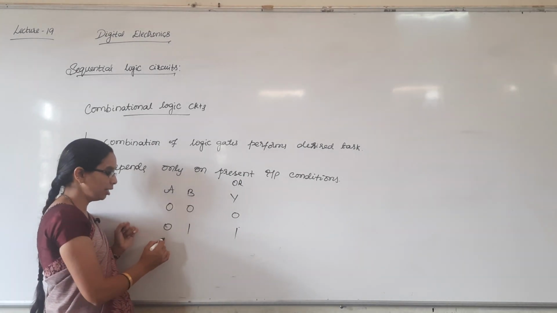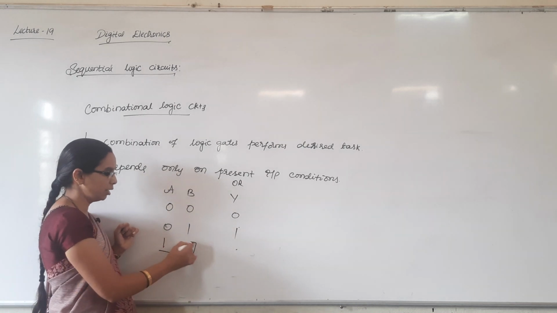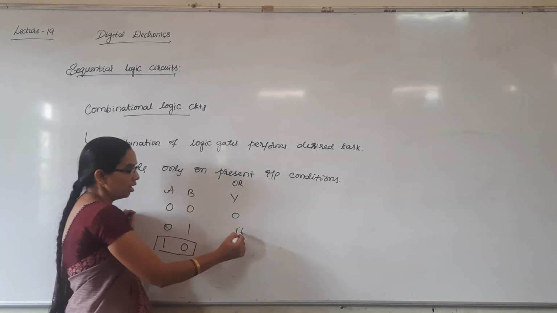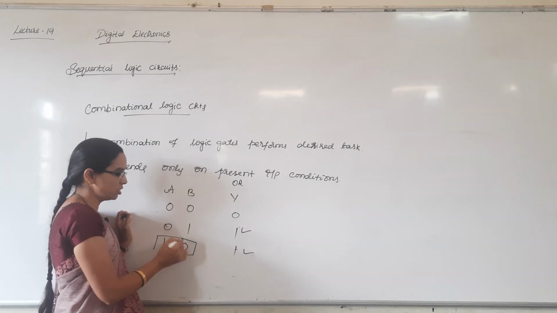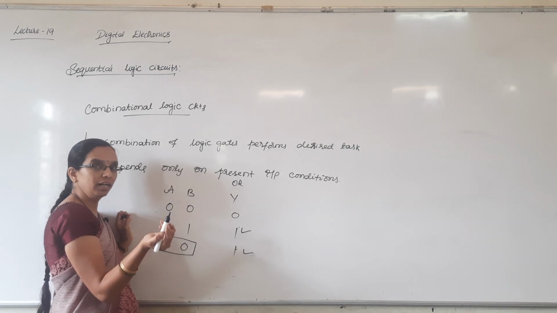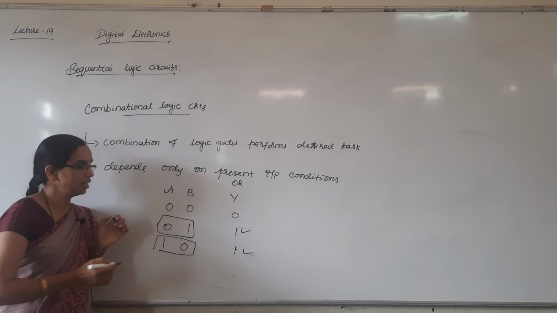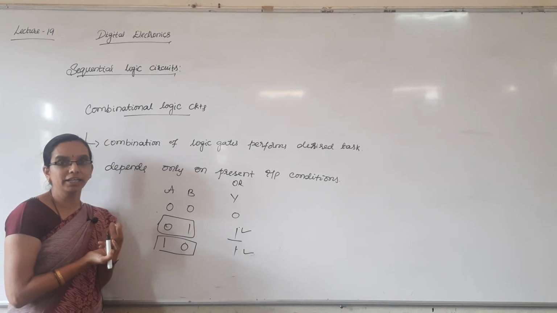If I change the input, again the output changes depending on the present input condition. Whatever the output is going to be depends on the present input conditions, and it will not know what the previous input conditions or previous output conditions were. It will not retain it.